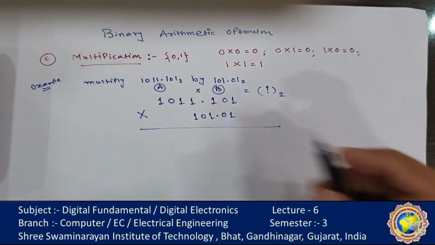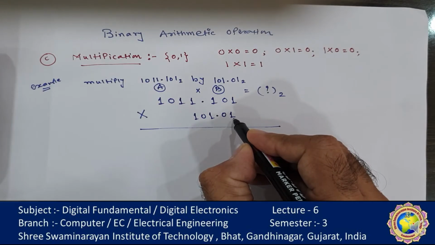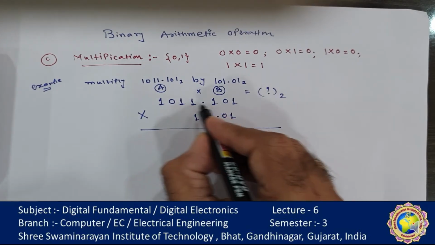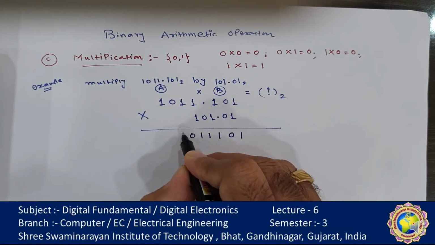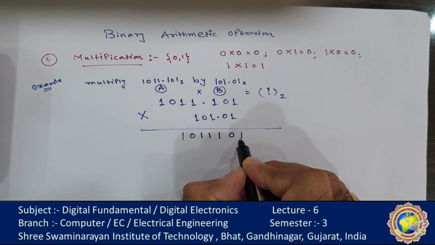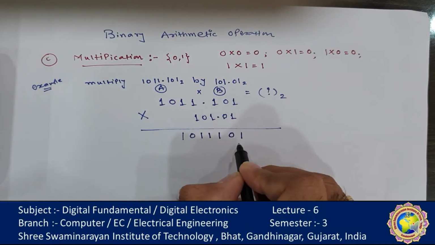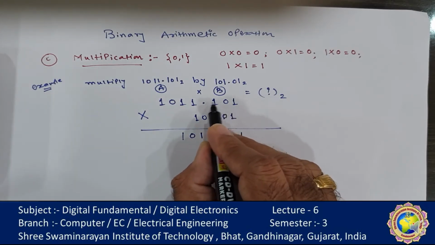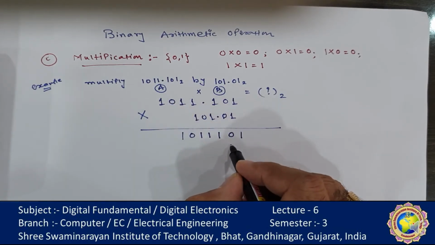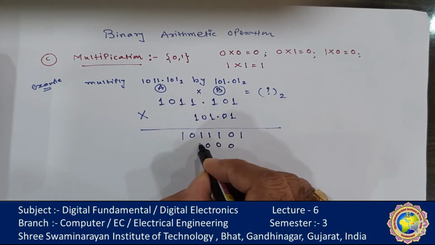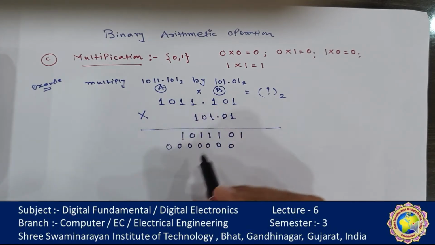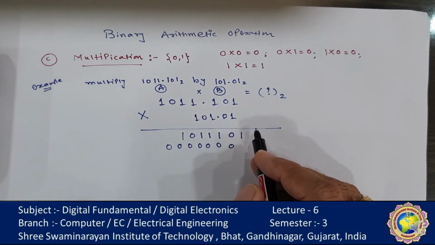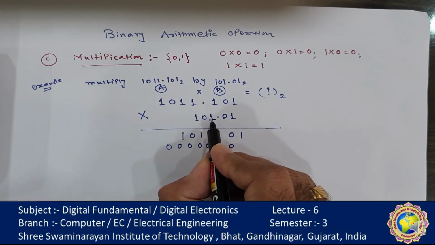As we go into the school method, let us start with the LSB of B. This is 1, so the number remains the same, 1011101. Next bit is 0, but we have to shift here one bit. 1, 2, 3, 4, 5, 6, 7. So 7 zeros are there, because 0 multiplied by 0 or 1, the answer is always 0. Now the third, right now forget about the fraction point. 1.